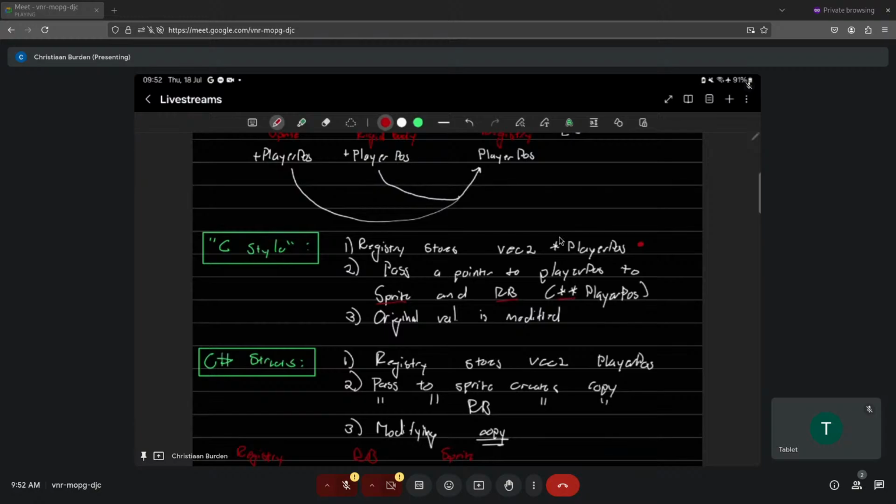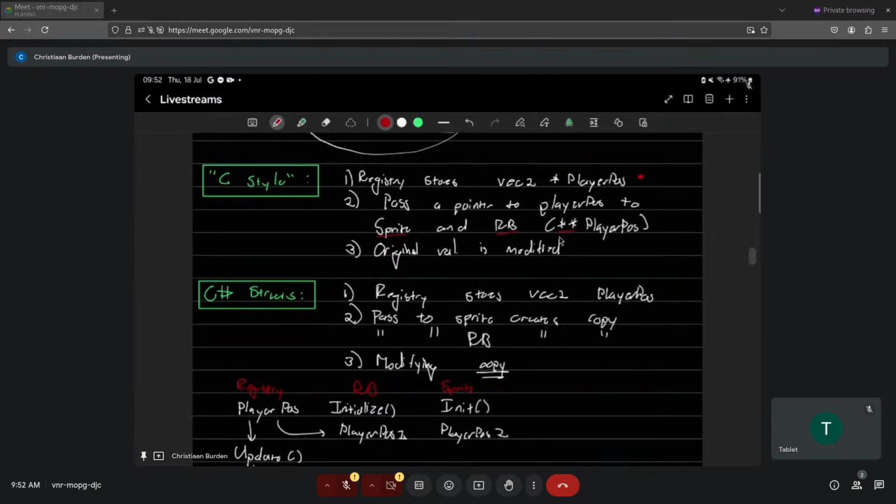Then you can just update that reference and the original vector will be modified. Otherwise, if you don't use a pointer, you're just creating copies and you're not actually changing the values of the original vector.